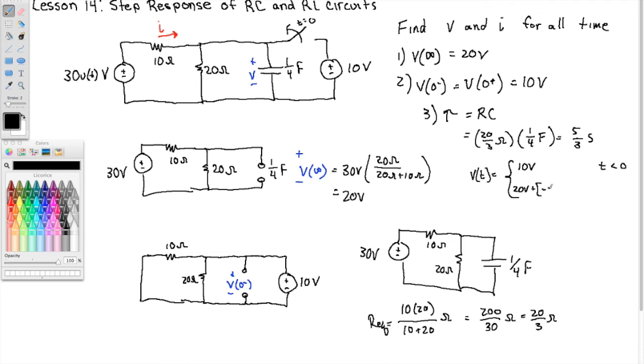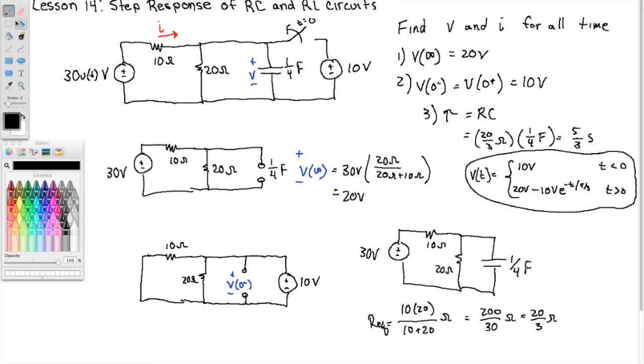So we have a minus 10 volts there. Let me get rid of the bracket. Minus 10 volts, e to the negative t over tau, where tau is 5/3, for t greater than 0. So that's the voltage.